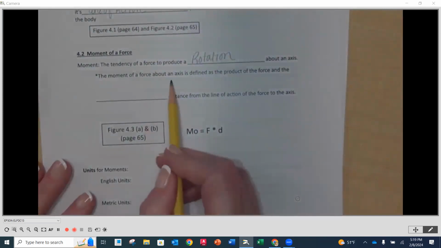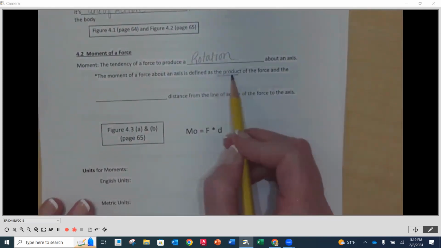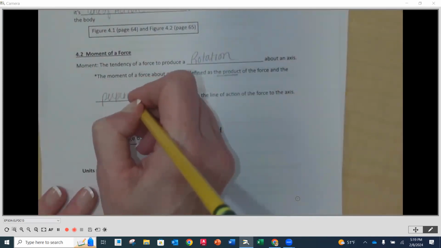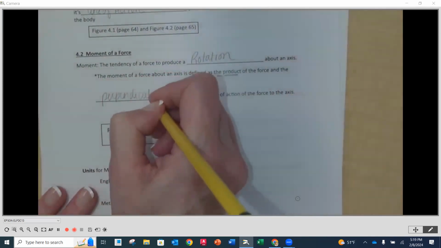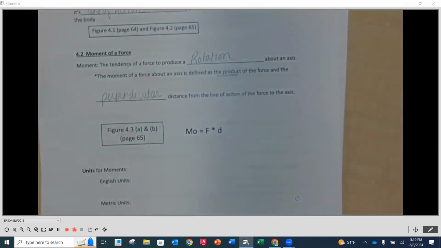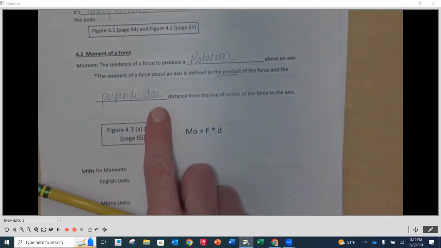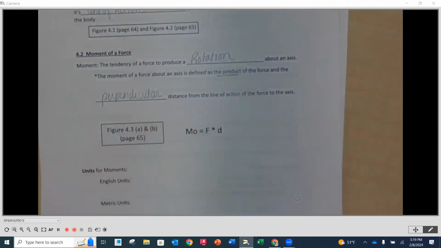So the moment of a force about an axis is defined as the product of the force and the perpendicular distance, from the line of action of the force to the axis. Okay.